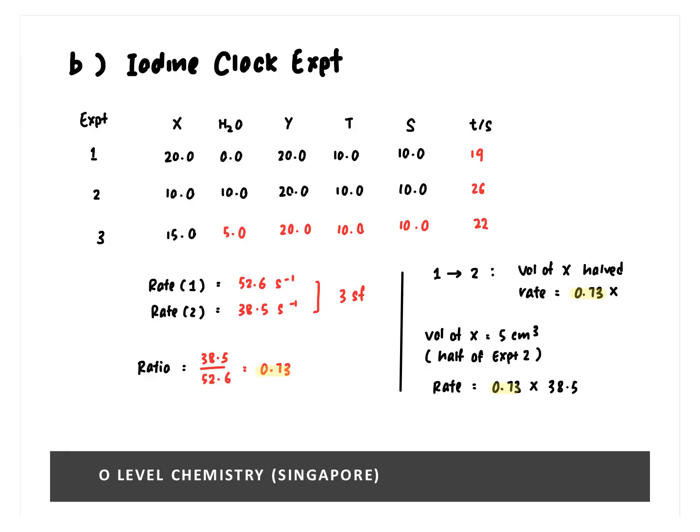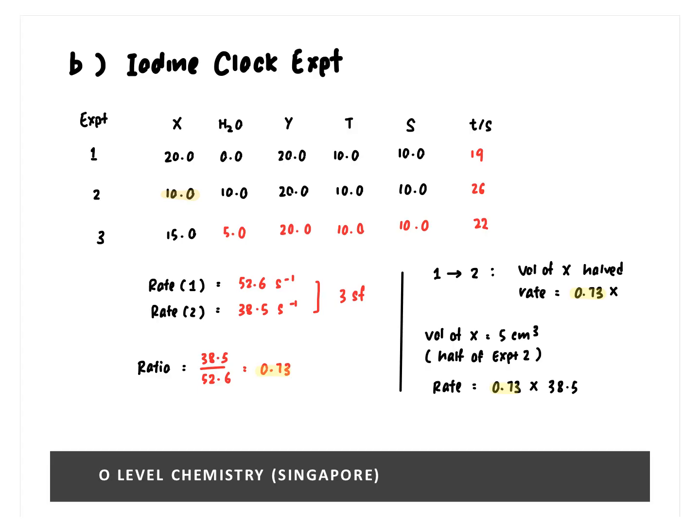Experiment 2 is the one with a smaller volume of X, meaning a lower concentration of X, so the rate is expected to be lower. The ratio would be less than 1 as well. So based on the values shown, the ratio is actually 0.73.